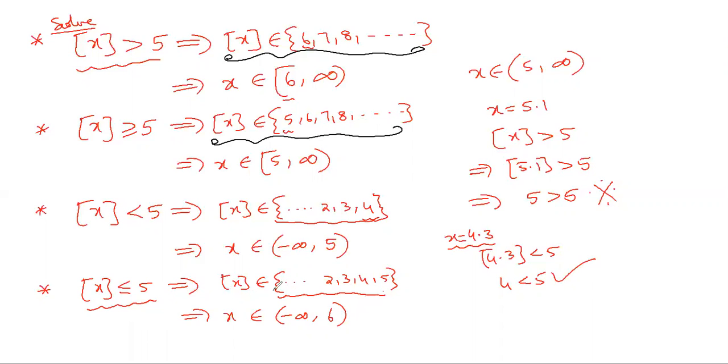Basically, if you write 5.4, the integral part of 5.4 is 5, so 5 less than or equal to 5 is true. So numbers more than 5 are also allowed to satisfy this inequality. Right?